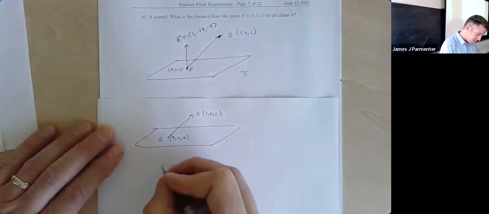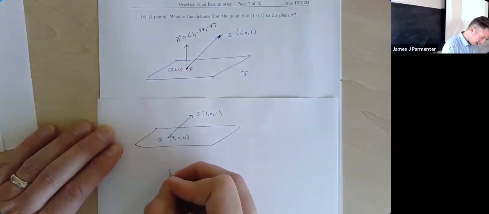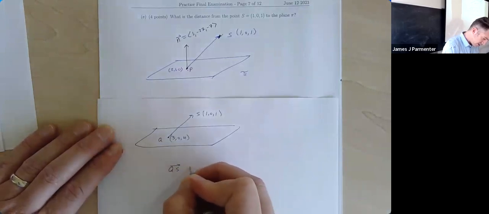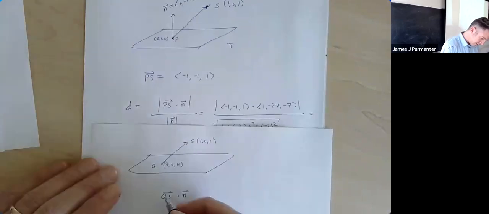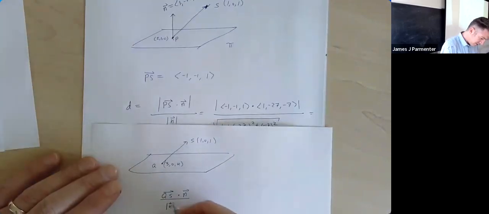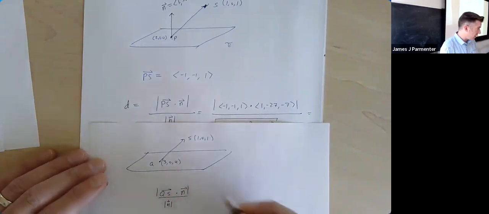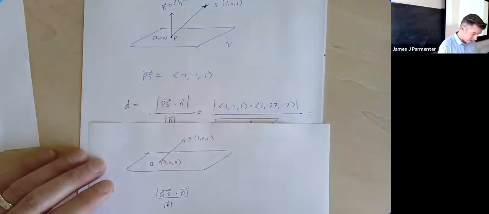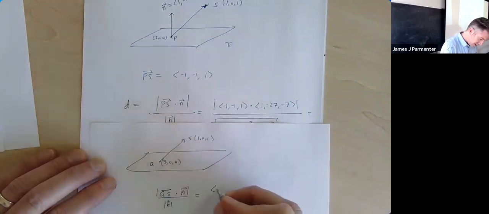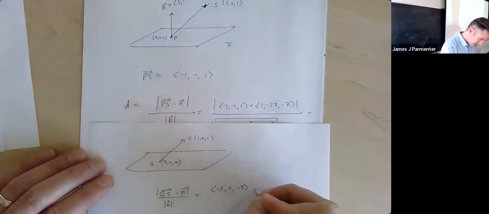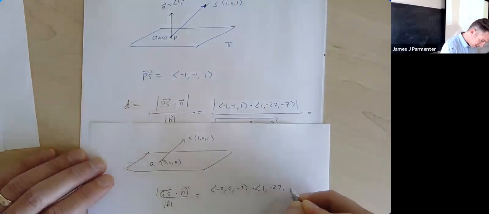So now we want QS dotted with n over the magnitude of n. Really the only thing we need to check is that QS dotted with n comes out to be the same, because the bottom should certainly be the same. QS is going to be 1 minus 3, 0 minus 0, 1 minus 4, dotted with n, which is still 1, negative 27, negative 7.